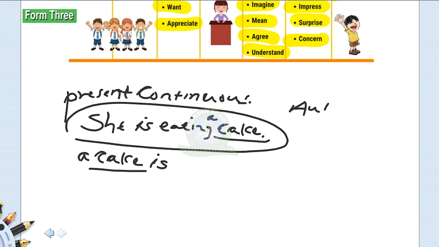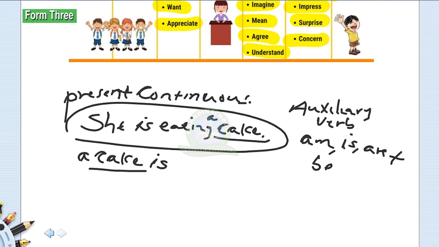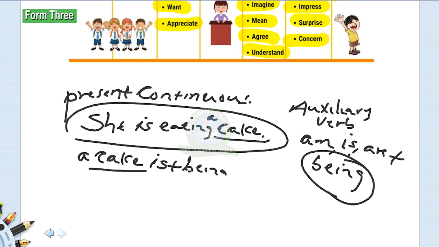The auxiliary of passive voice becomes this. The auxiliary verbs in passive become this. Is, and are, plus been. Okay, plus been. So we have an extra present participle verb to be. So look, a cake is being. You add what? Is being what?